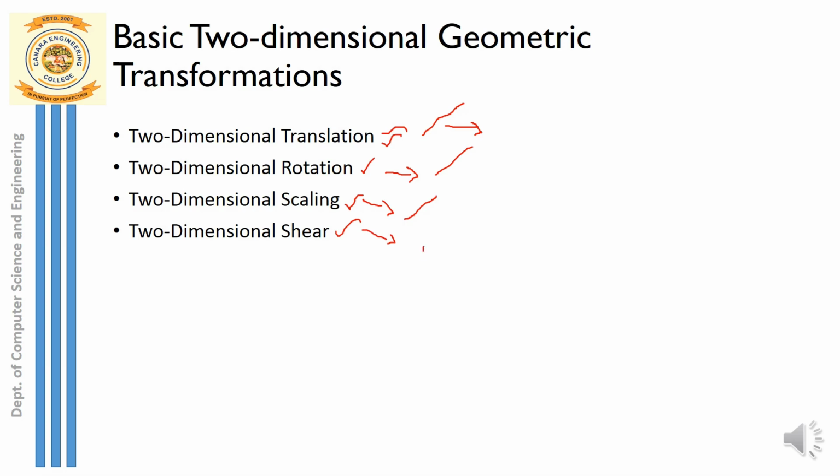If I take an object like a cube, you can apply shear over the object in such a way that the shape of the cube changes. It is something like deforming the object. Scaling is just to increase or decrease the size, so it won't alter the shape of the object. These are the four basic 2D transformation techniques available.